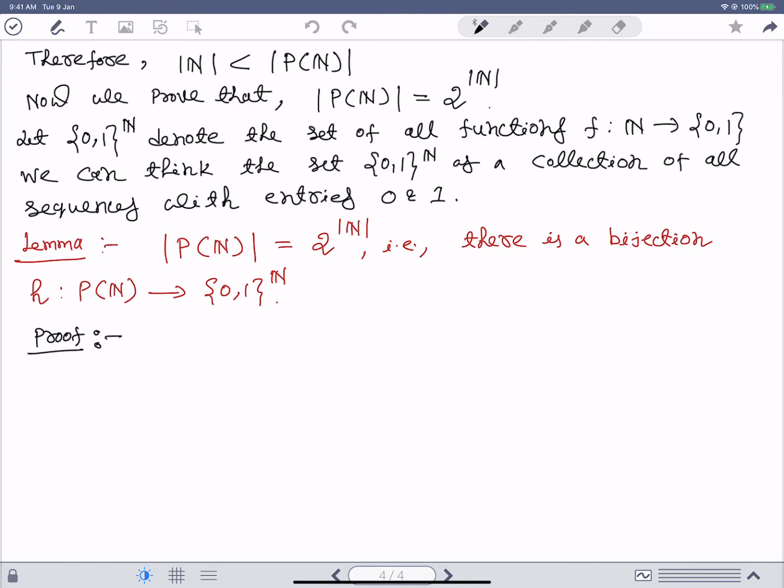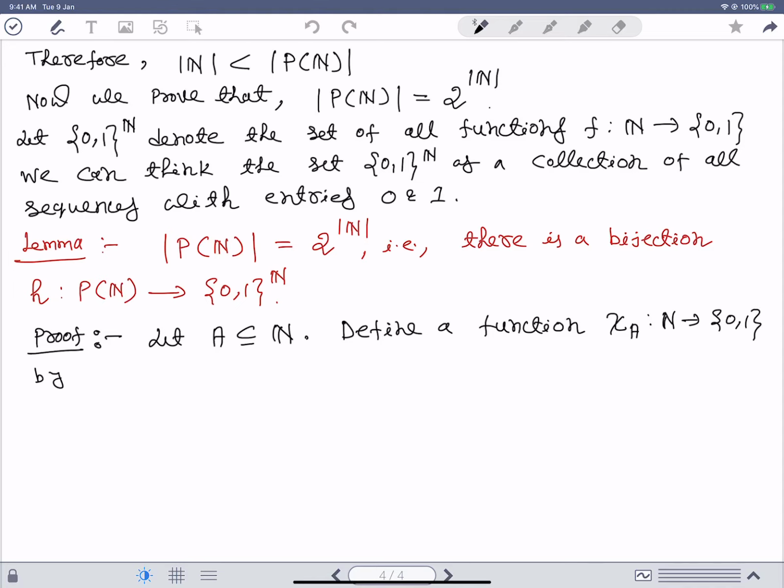So first of all, let A be a subset of n, that is, A is a subset of the natural numbers. Okay. Now define a function, say chi A, from the natural numbers n to the set {0,1} in this way.